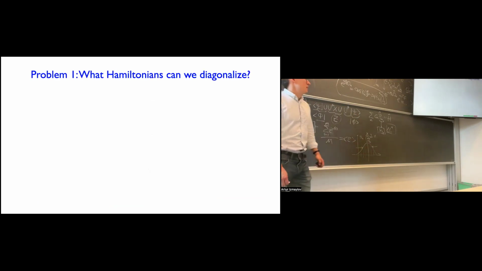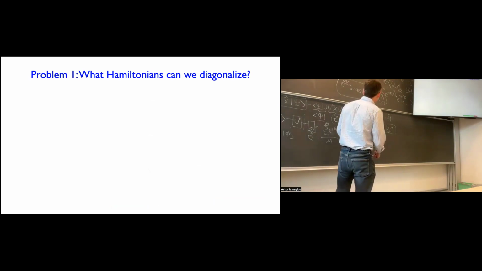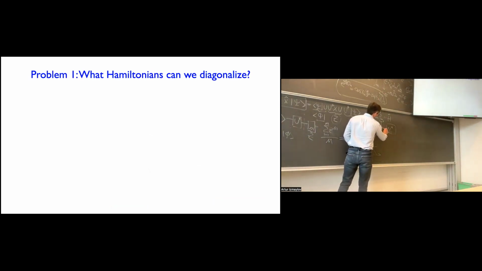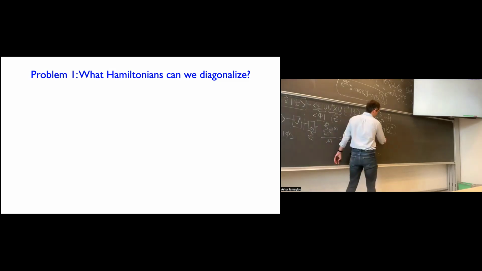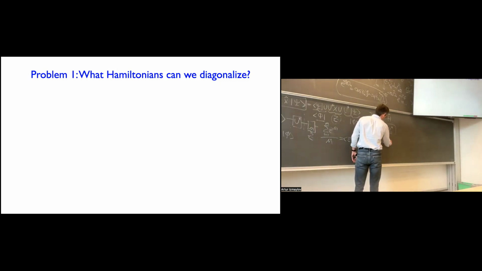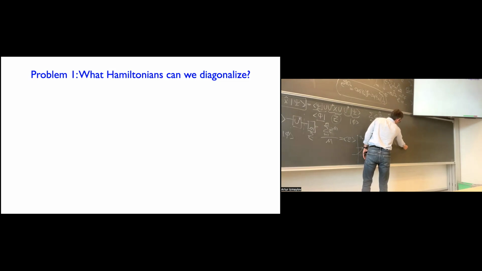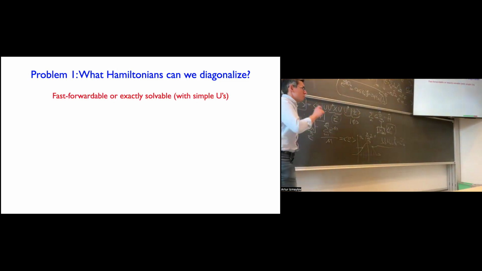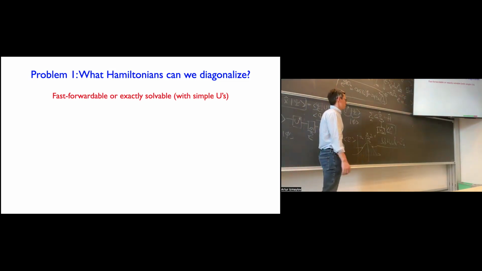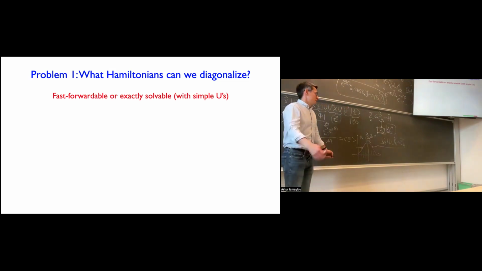Okay. All right. But the first question is, what Hamiltonians can we actually measure? Meaning, which Hamiltonians can we diagonalize? Because what we want is easy unitaries to be able to bring this to the diagonal form, right? In the quantum computing language, sometimes these Hamiltonians are called fast-forwardable, or in normal language, exactly solvable.